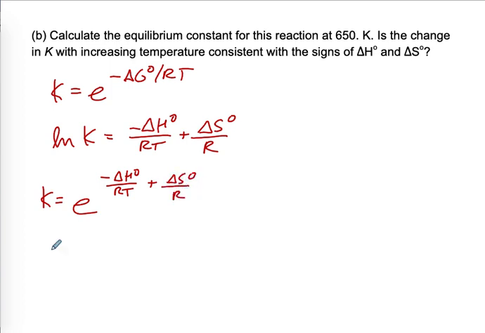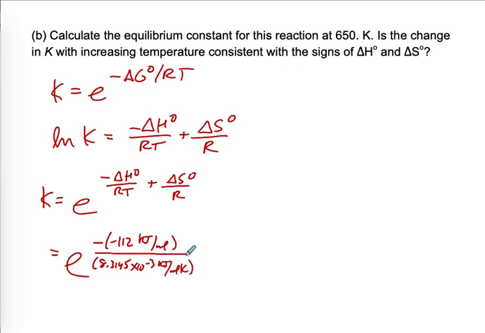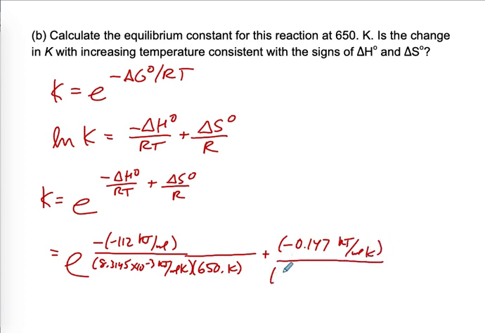To plug those in, this is e to the negative 112 kilojoules per mole divided by 8.3145 times 10 to the negative third kilojoules per mole Kelvin times the temperature, which is now 650 Kelvin, plus the standard entropy change, negative 0.147 kilojoules per mole Kelvin over R, 8.3145 times 10 to the negative third kilojoules per mole Kelvin.